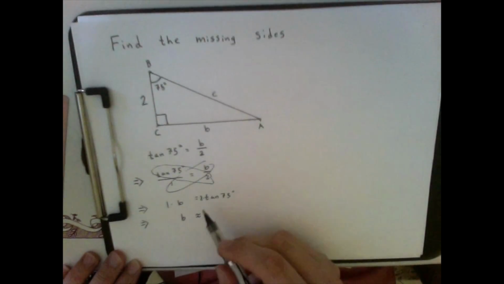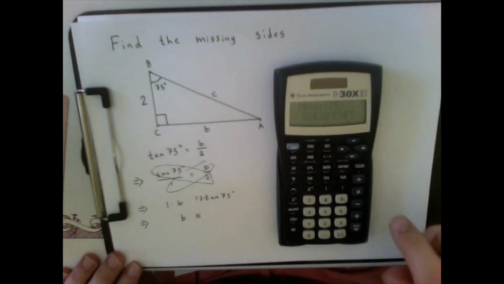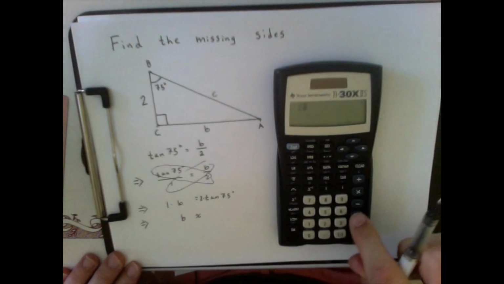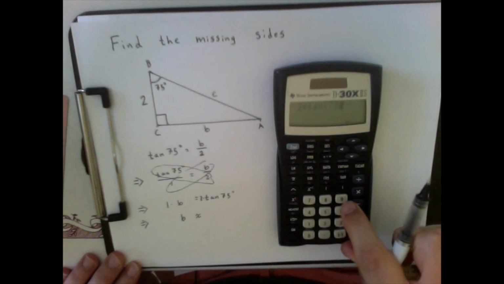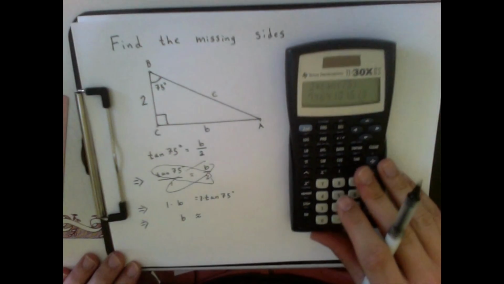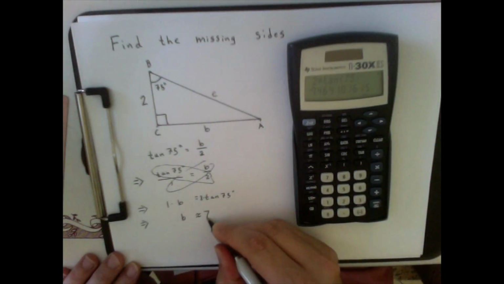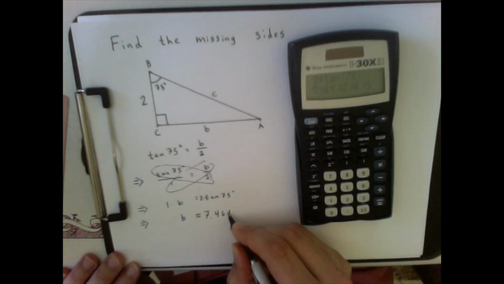And to get 2 tangent of 75 degrees, we're going to need to go into our calculator. 2 times tangent of 75 degrees. And this is in degree mode. And this is about 7.464.